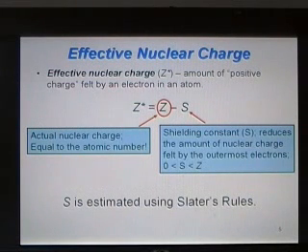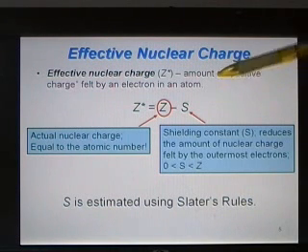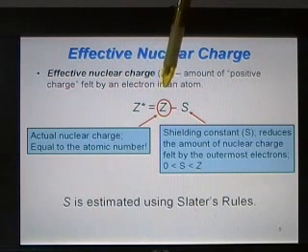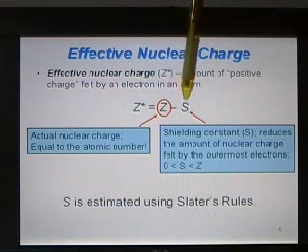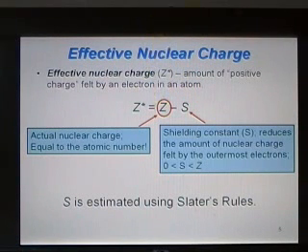Just to briefly remind you what effective nuclear charge is, it's the amount of positive charge felt by an electron in an atom. Mathematically, the effective nuclear charge, which is Z star, is calculated by subtracting a shielding constant from the atomic number.